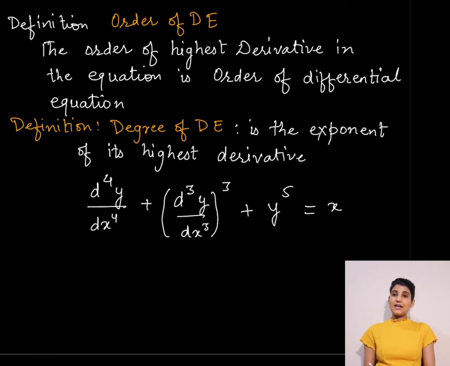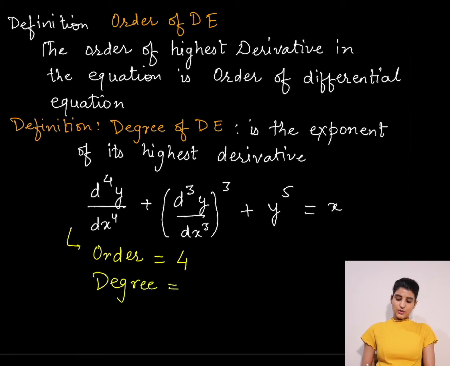Here the highest derivative involved is the fourth derivative, right? So in this case, the order of this differential equation is 4 and the exponent of its highest derivative is going to be your degree. So the degree is 1.